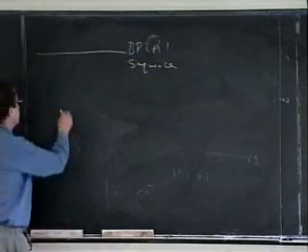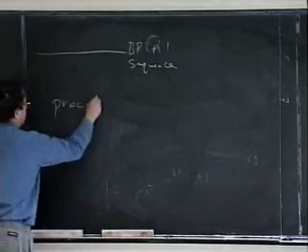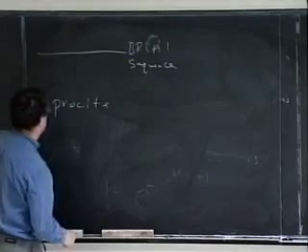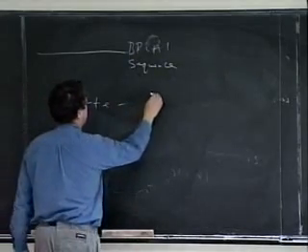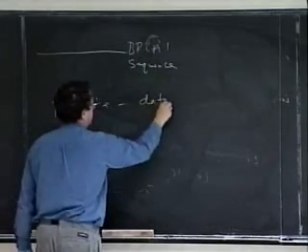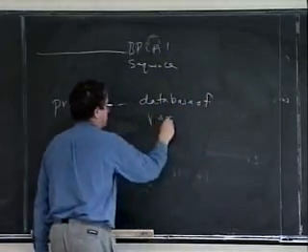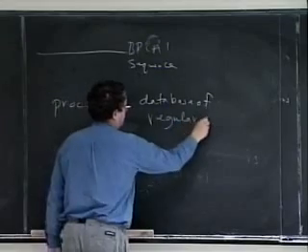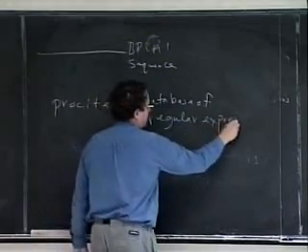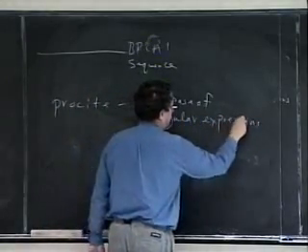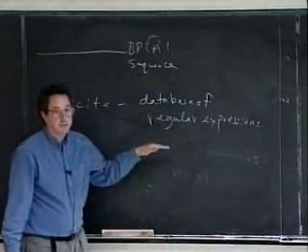So ProCite is a database, basically, of regular expressions. So we all know what regular expressions are.